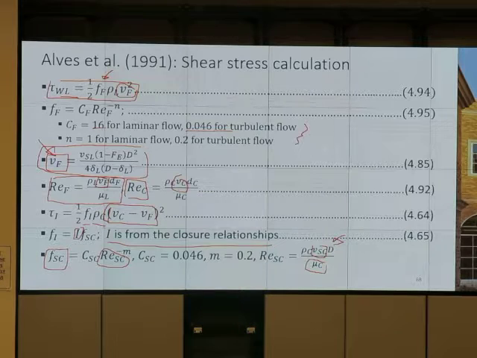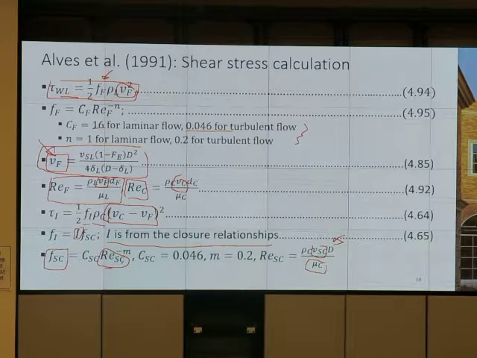Do you have this expression in your book? Which page number? 161. We have the Reynolds number of S. Rho C, V, S, C, D over mu C.